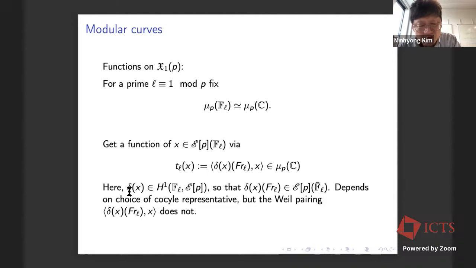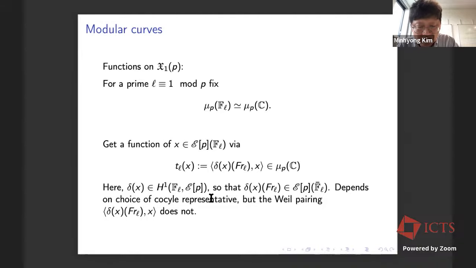Now, for that to be well defined, I need to choose ℓ fairly carefully. The easiest way is to avoid the primes of bad reduction, though you can do this for primes of bad reduction as well with more assumptions and care. Anyway, there's a Bockstein operator that will take this rational point to an H¹ class. Then I can pair it with the original rational point, so you get a quadratic function of the rational point.